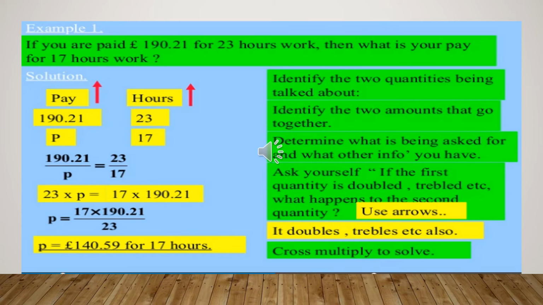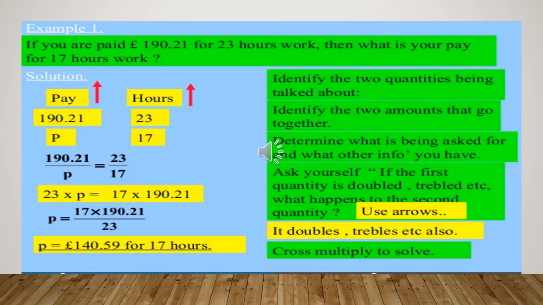Then we have to check what is being asked in the question and what information is already provided. Then in your mind you just have to think that if the first quantity is double or triple, what will happen to the second quantity. And the last step is that you just have to cross multiply them.